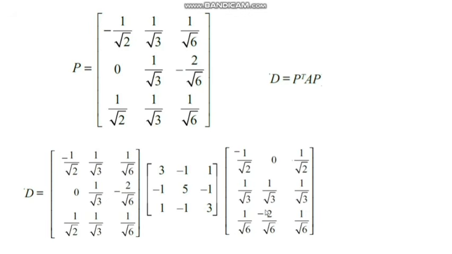All of us are familiar with matrix multiplication, rows into columns. That is why one can get the diagonal matrix with 2, 3, 6 as the principal diagonal elements, and the rest of the elements are zeros.